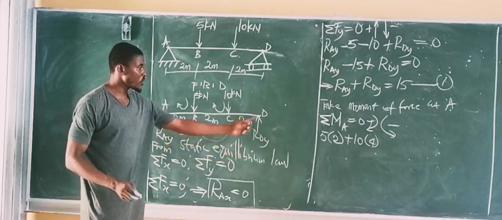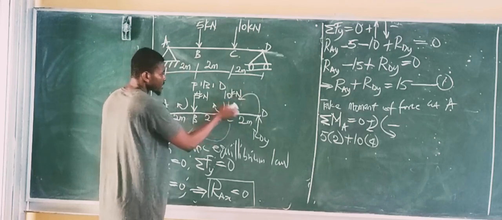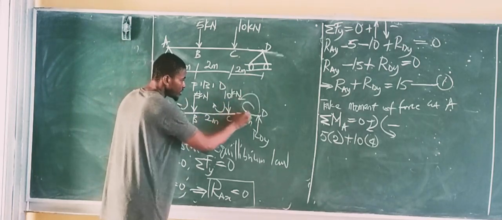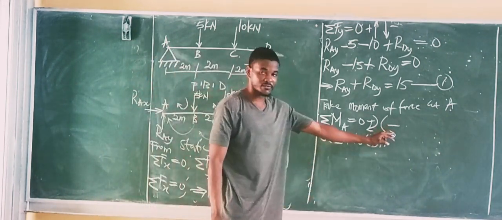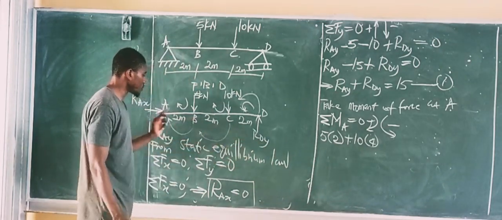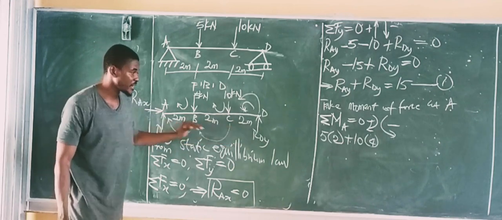Then finally, the force we have left on the beam is RDY. RDY is pointing upward, so it will go all the way in this direction to take moment about point A. The direction of moment now is against our direction of moment, anti-clockwise, so it's negative. The distance to take this force to get to point A is 2 plus 2 plus 2, which is 6 meters, the whole length of the beam.